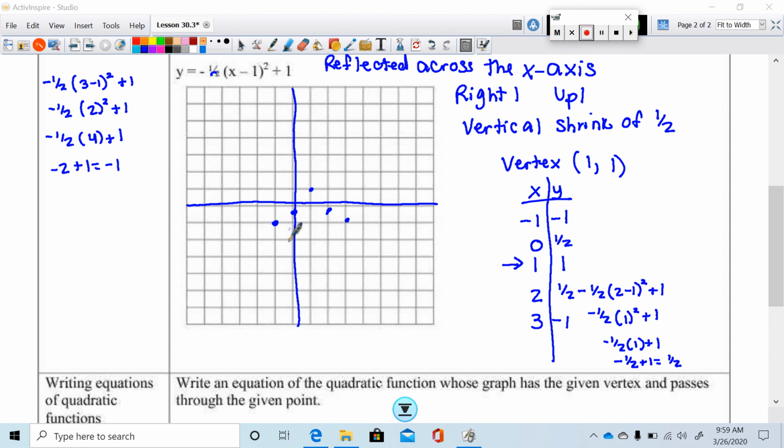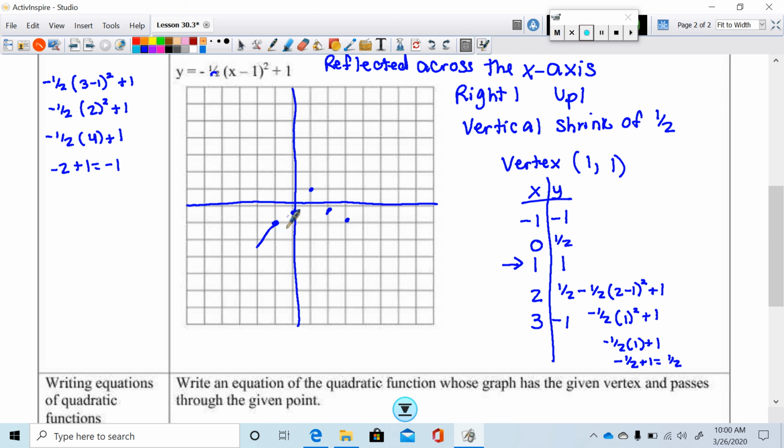Okay, it looks kind of squished because it is a vertical shrink, and because, let me try that again. I just checked the points, so I'm just having problems graphing this. I think it's because the 1/2 here, and -1, -1.